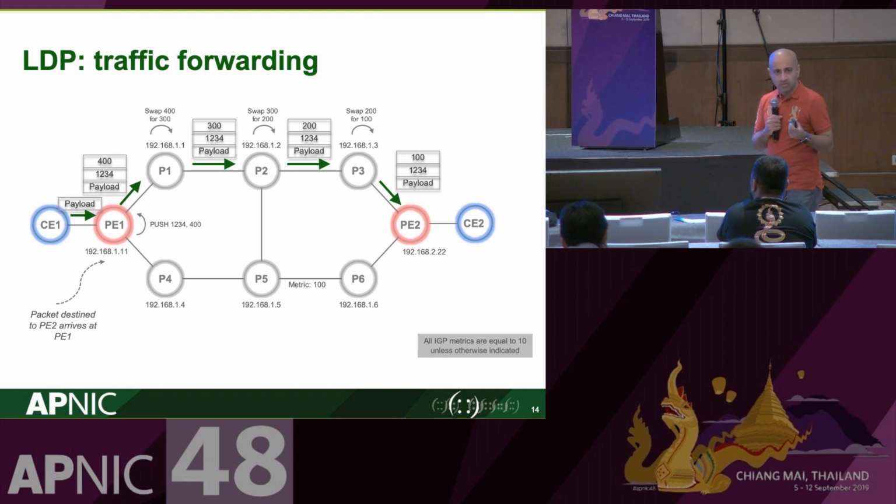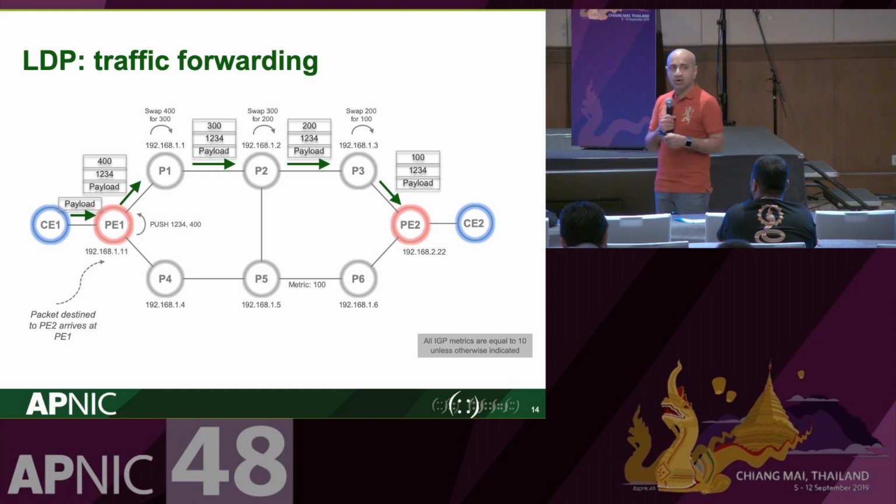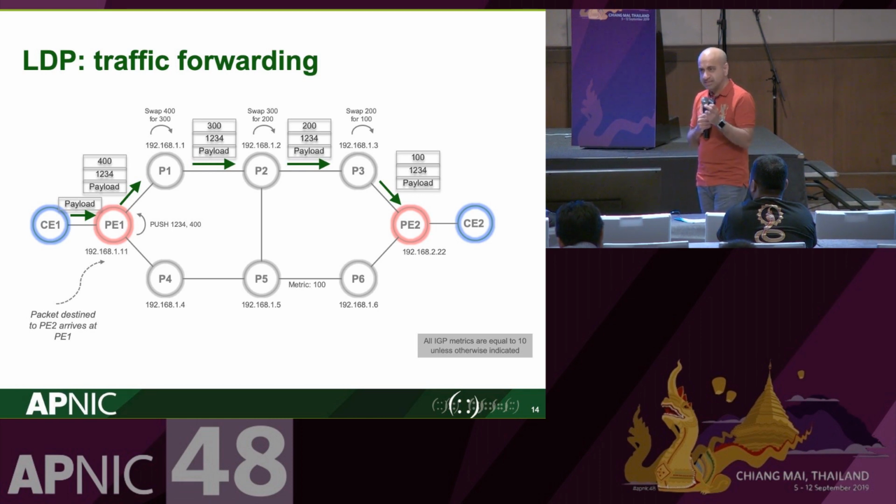The label 1234. So it then uses the label 1234 to work out what to do with the packet. And it knows that 1234 is the label for VPN X. How does it know that? It knows that because it advertised that label to PE1. We saw that earlier, that MPLS BGP advertisement of 1234. So it knows exactly what to do with the packet, and it routes it using information for VPN X within its routing table.